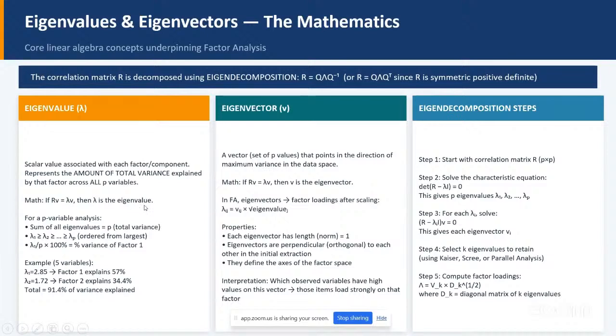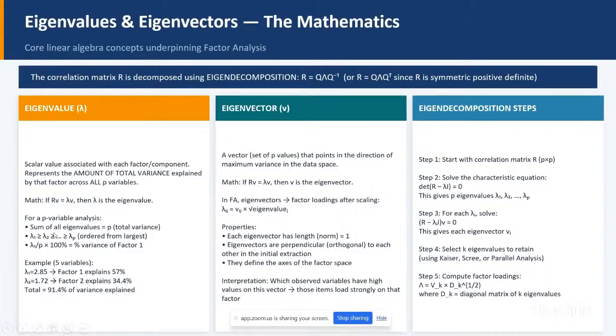For a p-variable analysis, the sum of all eigenvalues is p itself, because in the ideal case each of the eigenvalues is considered one, and we have p variables, so the total sum of eigenvalues will be p.